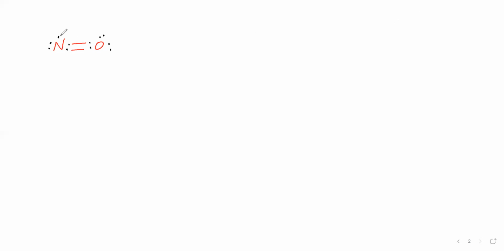Due to unpaired electron, it is paramagnetic. It is existing in gaseous state. If this unpaired electron is involved in bonding, then we will say this is a 3 electron bond. Now, unpaired electron comes for bonding here.